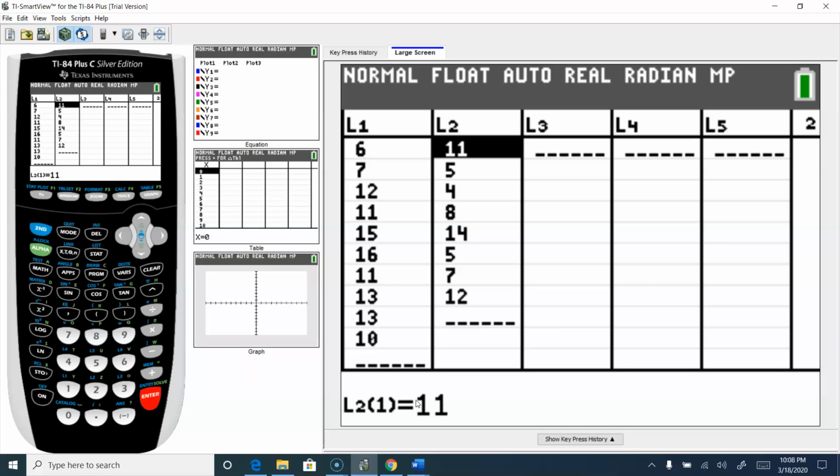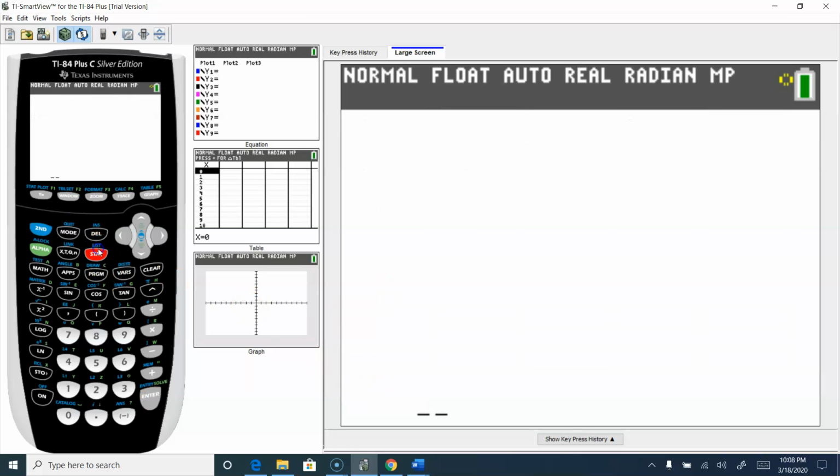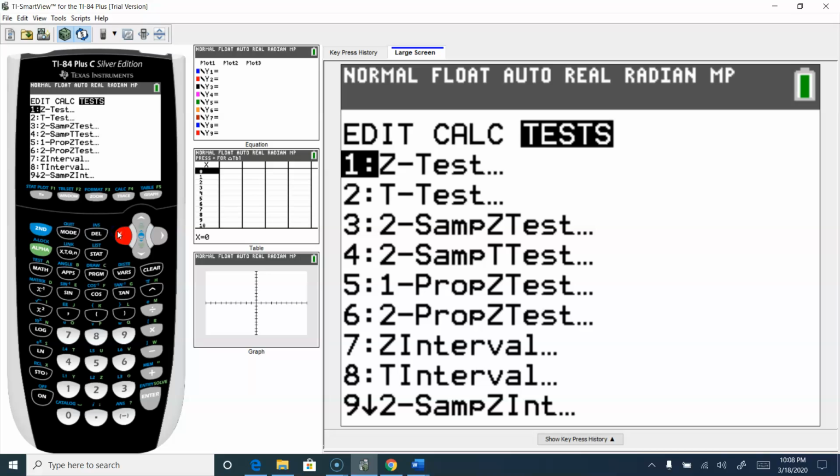Okay, and then we're going to run our test. So remember, this is a 2-sample t-test, so we're going to stat, test. If you have an Nspire, you're going to stat and test also, but not confidence interval. You have a separate item for that. So here's 2-sample t-test right there, number 4.